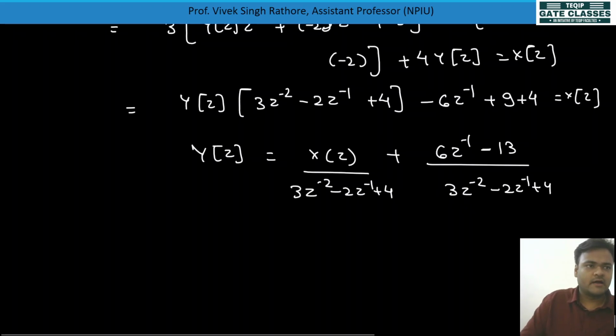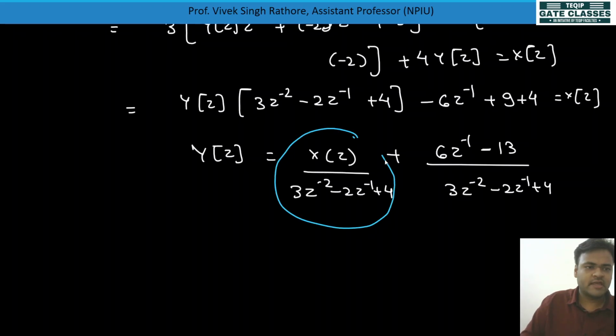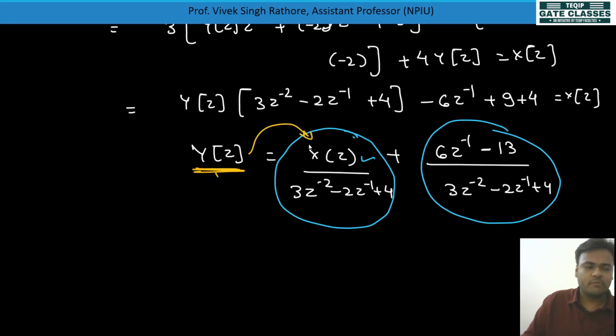See, you can understand that this portion involves x of z, and this portion does not involve any x of z. X of z is nothing but your input. So the output will have a component from the input part and some non-input part. Actually this portion is called the zero state response, because here no initial conditions are there.